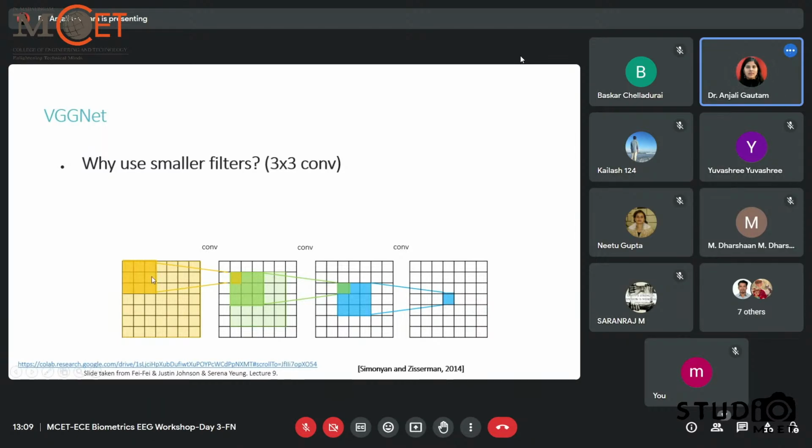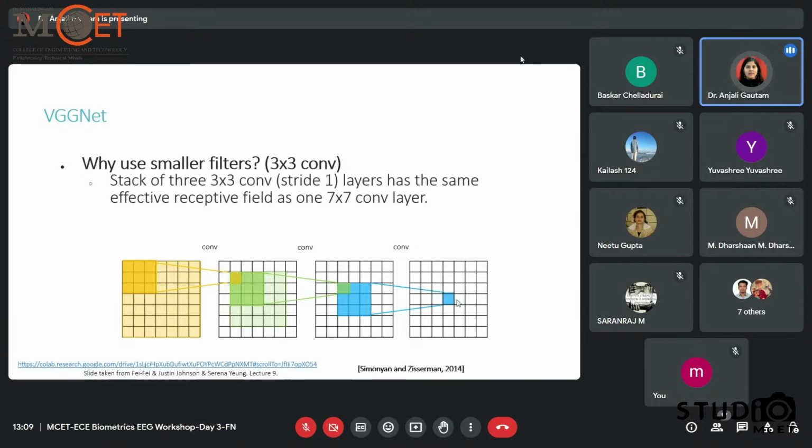This pixel you will get, the middle one of that is this one, and then the middle one of this one is this pixel, and the middle of this pixel is this. Finally, when you perform 3 cross 3 three times, you will get the same result as when you do 7 cross 7. So this is the idea they have taken.